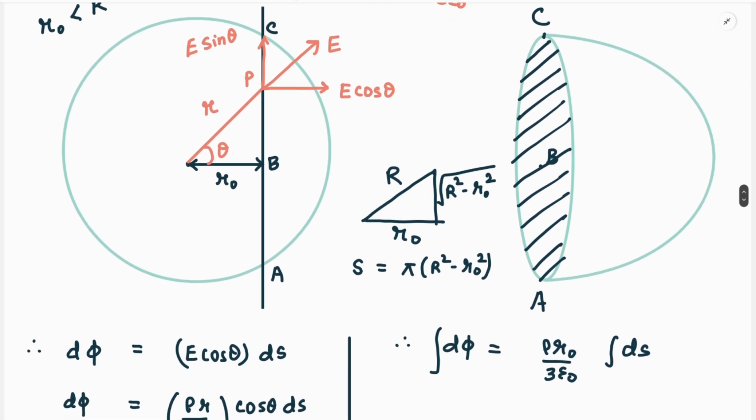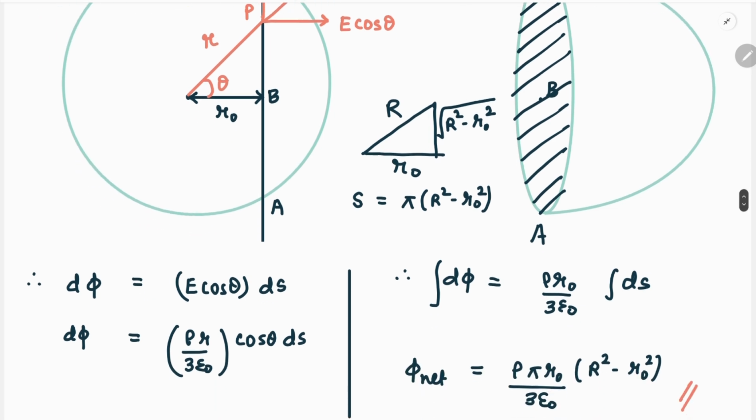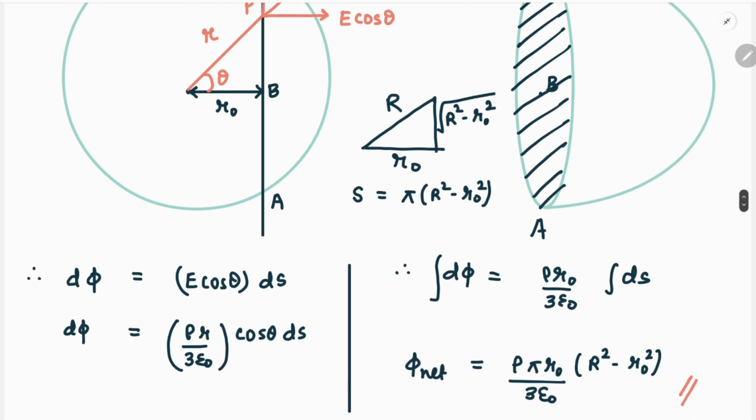E vector makes an angle theta like this, so we break E into components. E sin theta does not contribute any electric flux, and we calculate the electric flux due to the E cos theta component, where R cos theta at any point on the plane can be written as r0. This is the final answer for this problem.